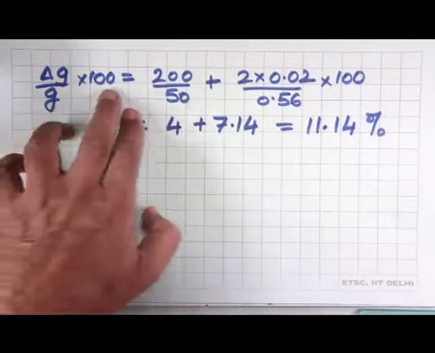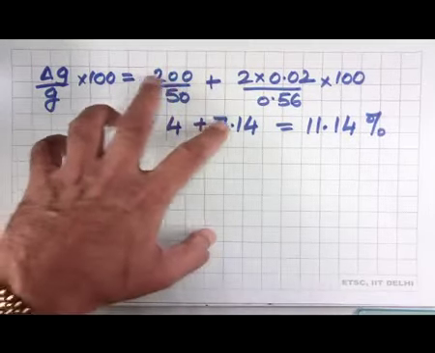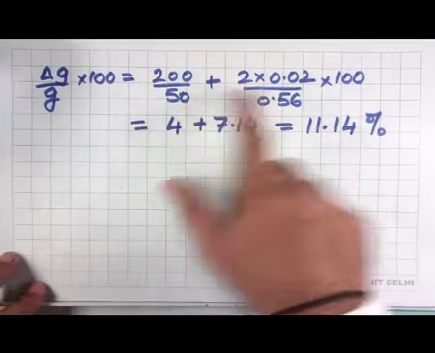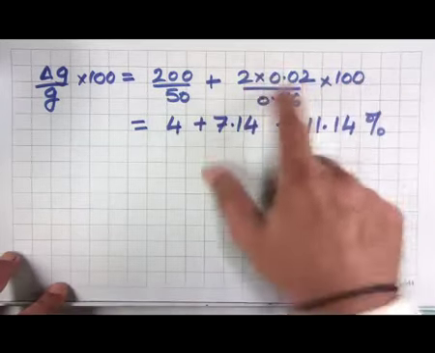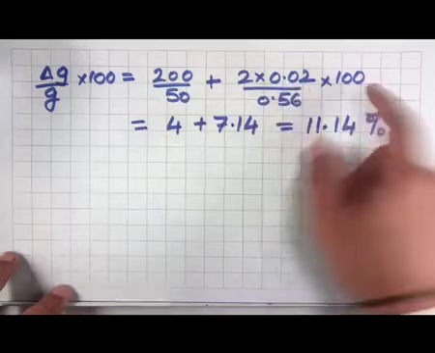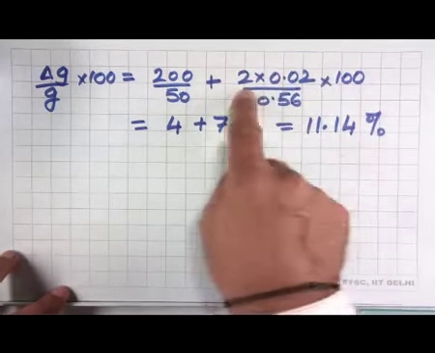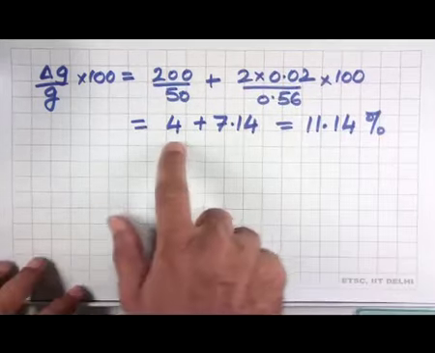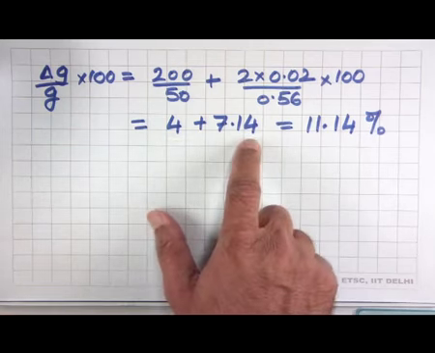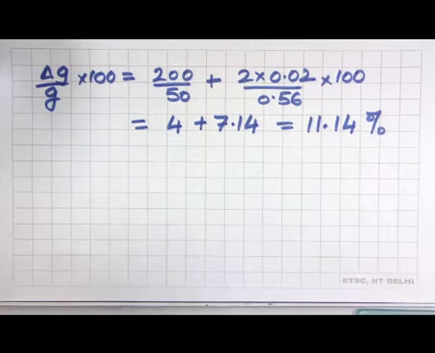Delta G by G into 100: the first number will become 200 by 50, and the second number, which we had calculated, was 3.57, multiplied by 2. So, we get 4 plus 7.14. So, the percentage error is 11.14%.